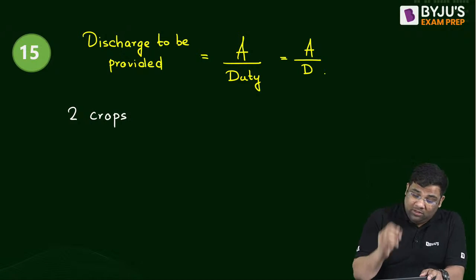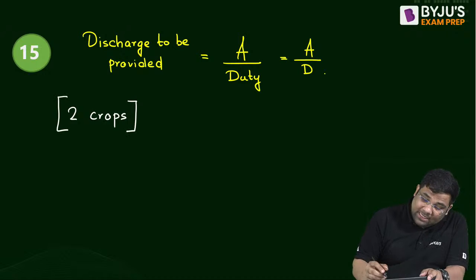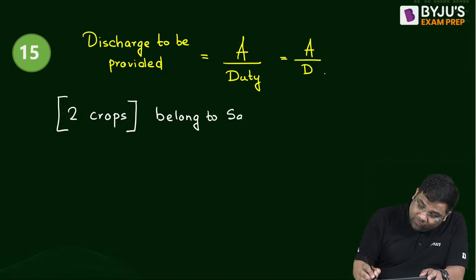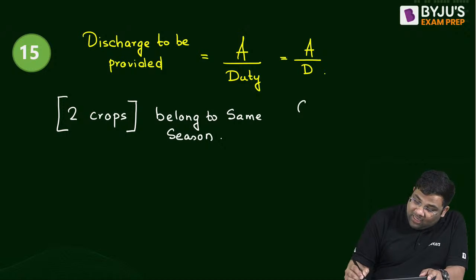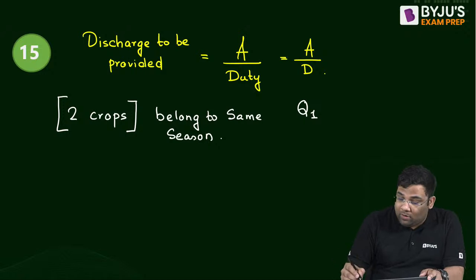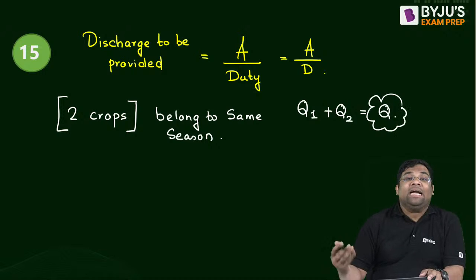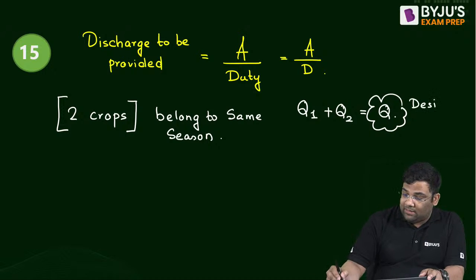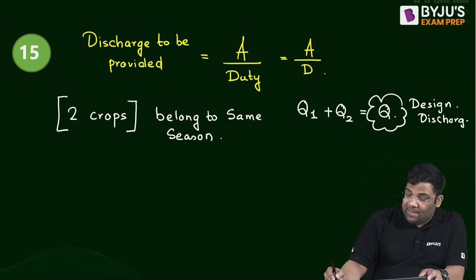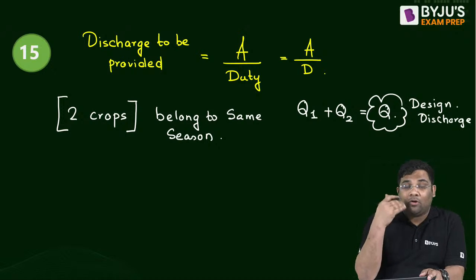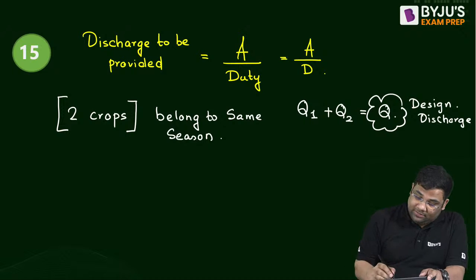So if both the crops belong to the same season, then I will find out discharge Q1 for the crop 1, then find out discharge for the crop 2, and then I will take the sum of these as the design discharge, right?